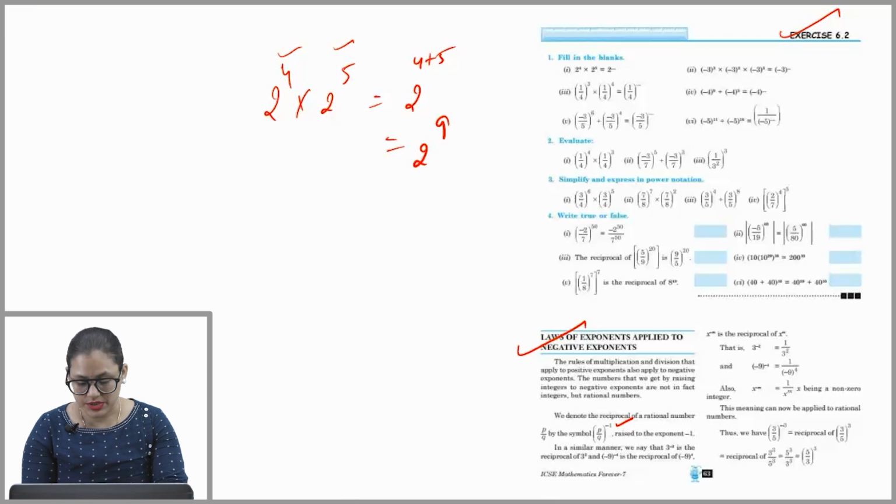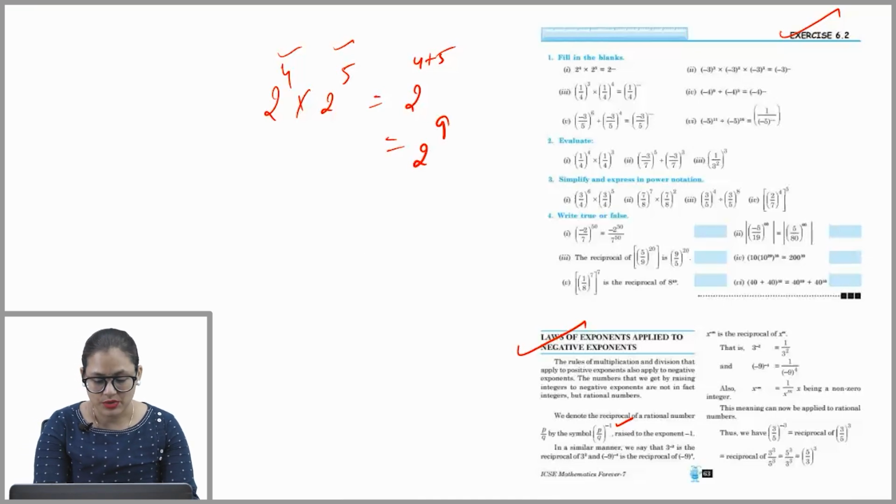It is written as a raised to the exponent minus 1.